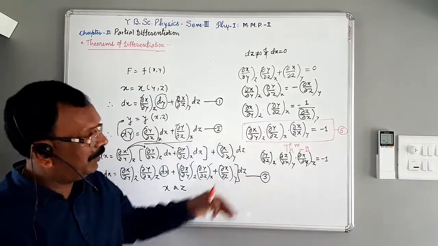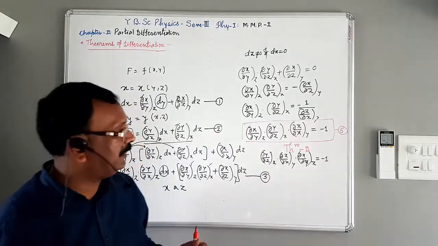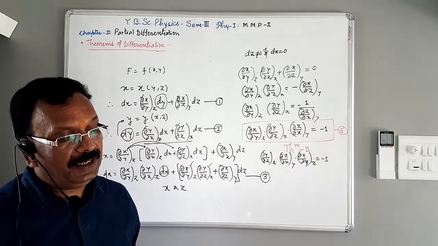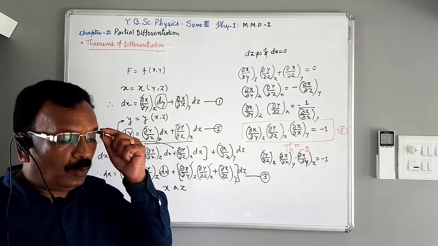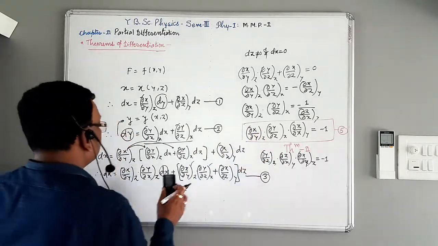Both equations are the same, only we maintain the cyclic order. Hence this is called the cyclic relation, which holds good unless any of the derivatives vanish.